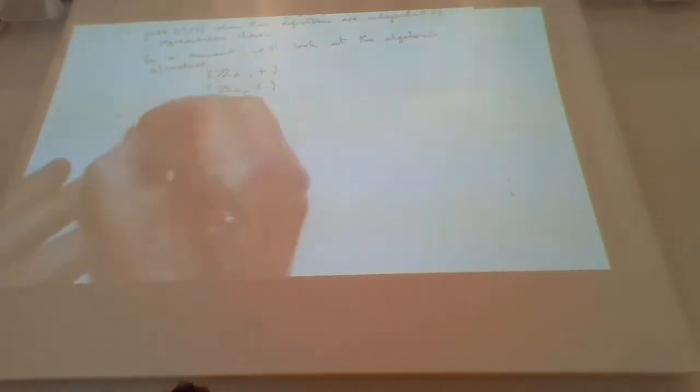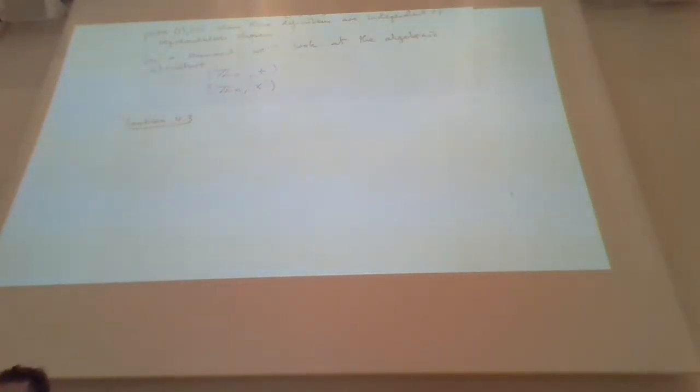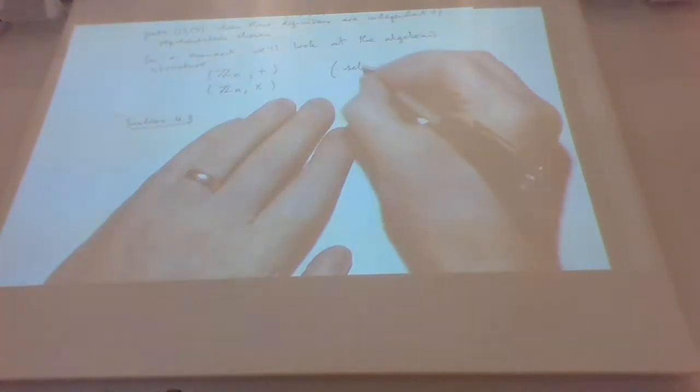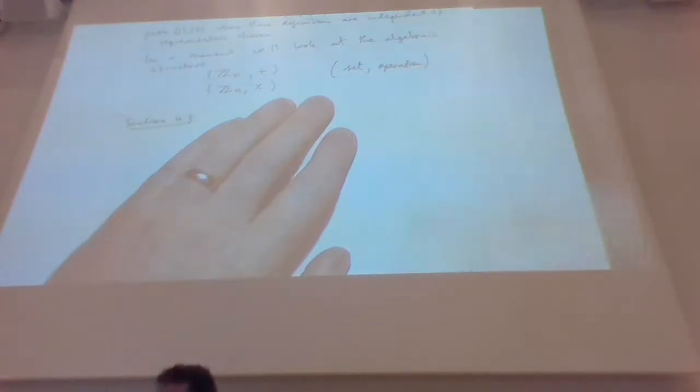Okay, so moving on to modular arithmetic groups. This is section 4.3. So you see, just above, the last thing I wrote down were both instances of this general kind of pair.